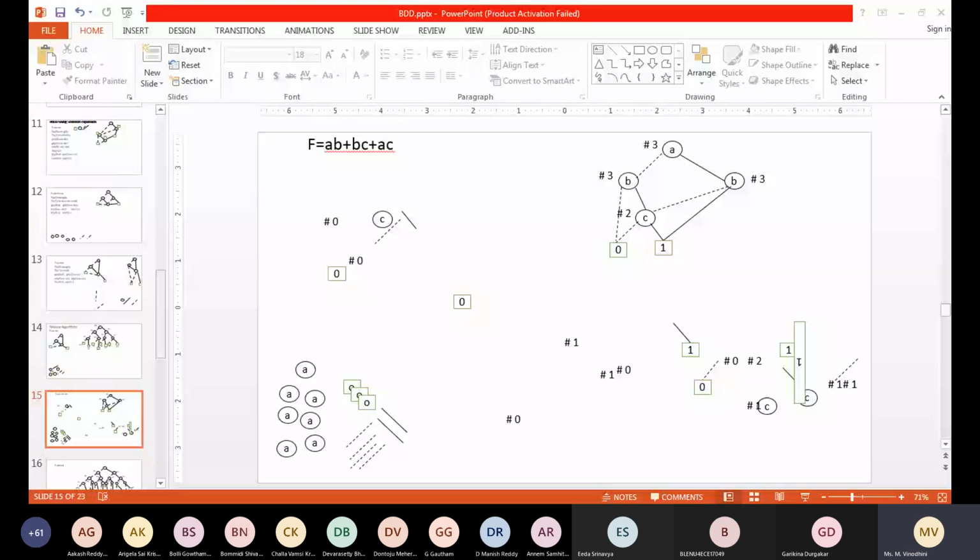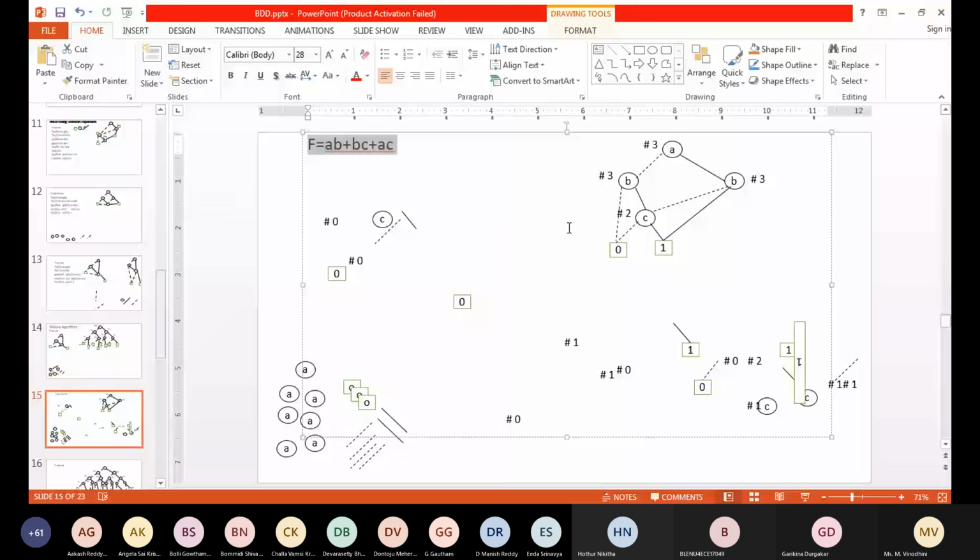You people solved this expression using Shannon's expansion method. Did you receive the same final ROBDD? Yes, ma'am. Okay. Fine.